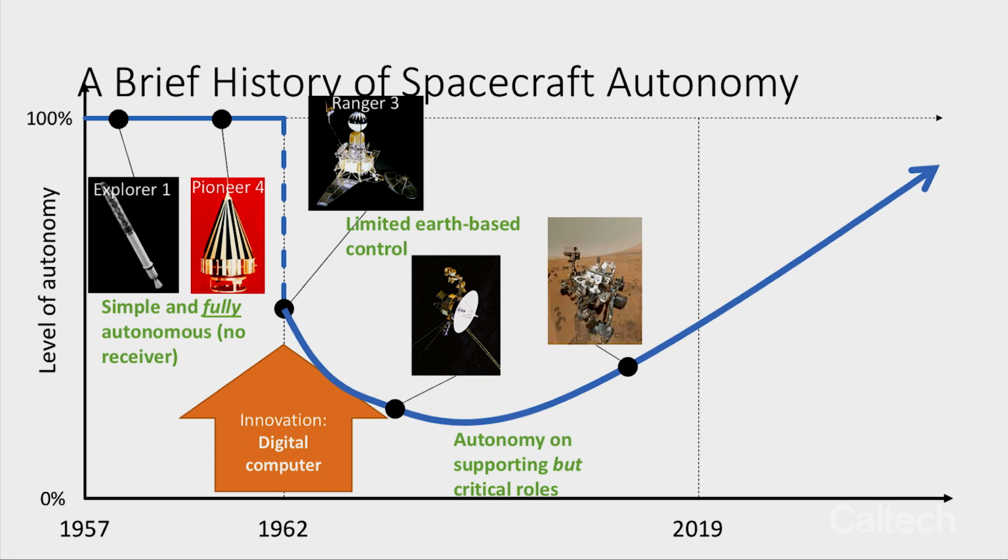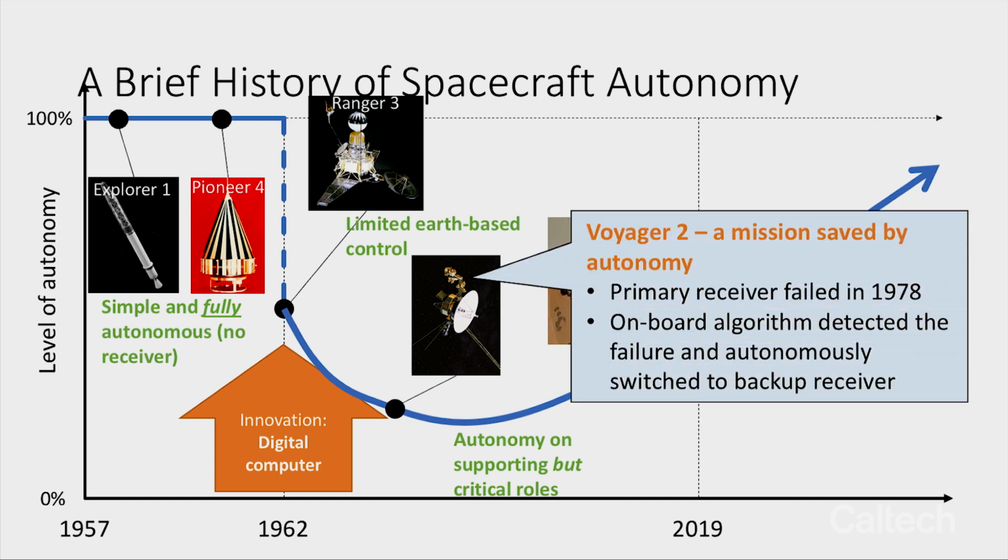And then we have the rovers, Curiosity and M2020, playing critical roles for autonomy. And on Voyager 2 in the 1970s, with a failure of the primary sensor, the onboard autonomy algorithm saved the mission by switching to the secondary sensor or the receiver.